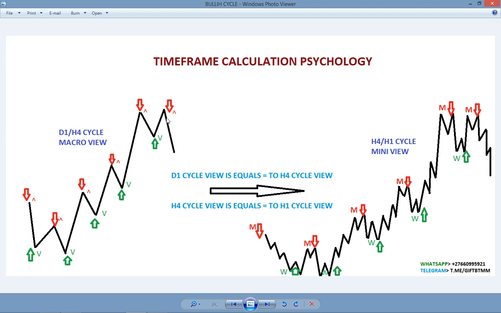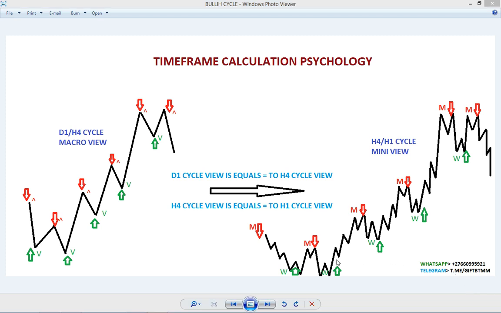We know that, let's suppose this is the H4 cycle. Let's suppose you were here, you have a peak formation high on H4.